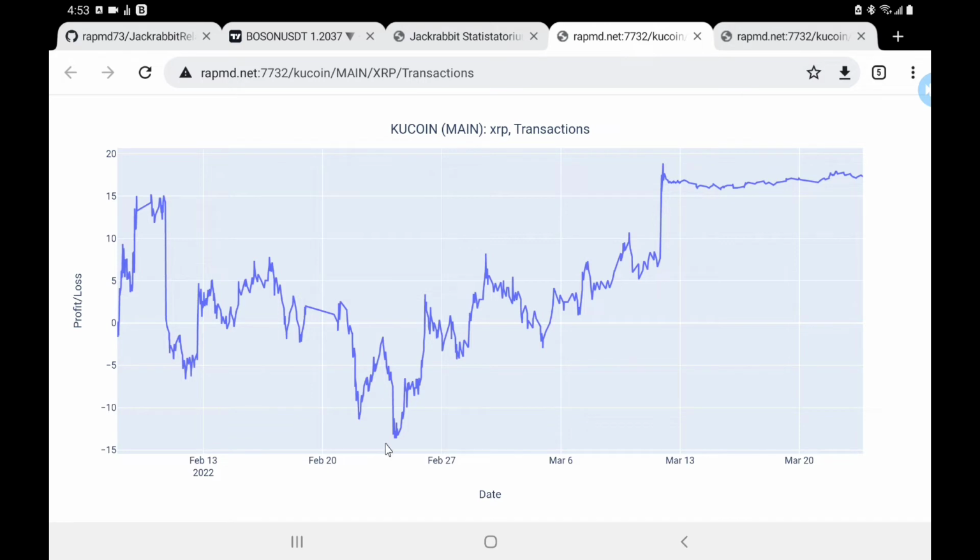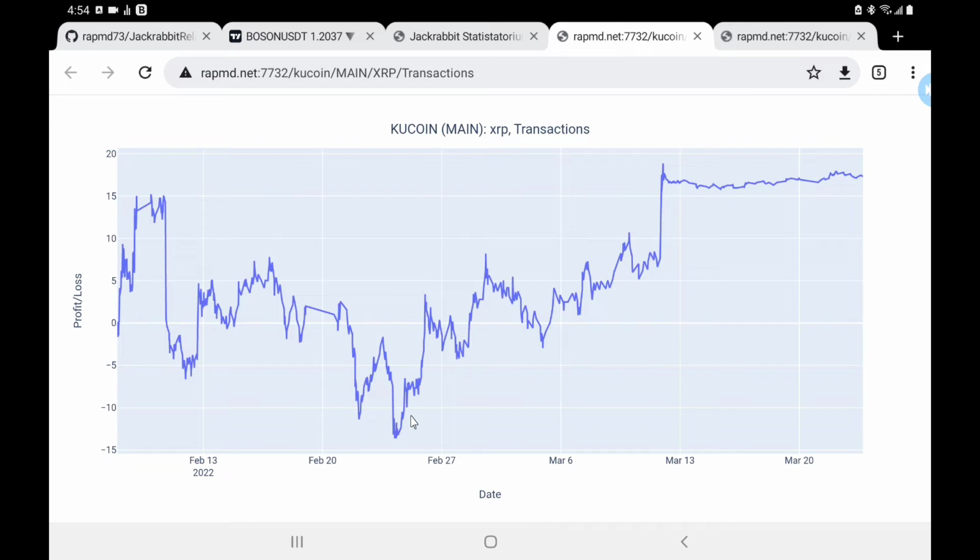As you can see, at one point, I was about $12 underwater. Now I am about $16 to $17 above water. Realized profit accomplished this. My realized profit on the basis of my accumulation.